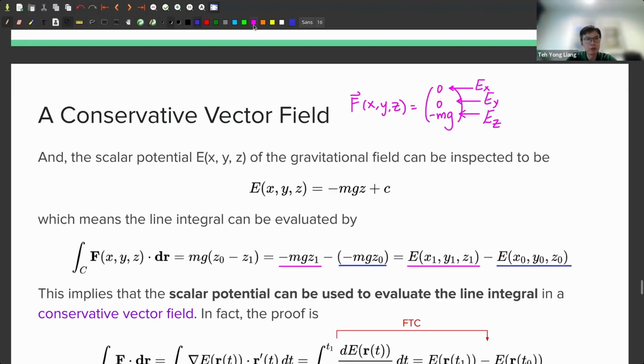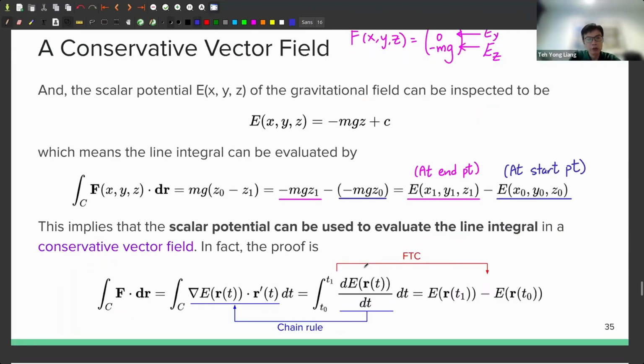So this is the scalar potential at the end point minus that at the start point. This is what I just mentioned: the scalar potential can be used to evaluate the line integral for a conservative vector field. Only for a conservative vector field can you do this.